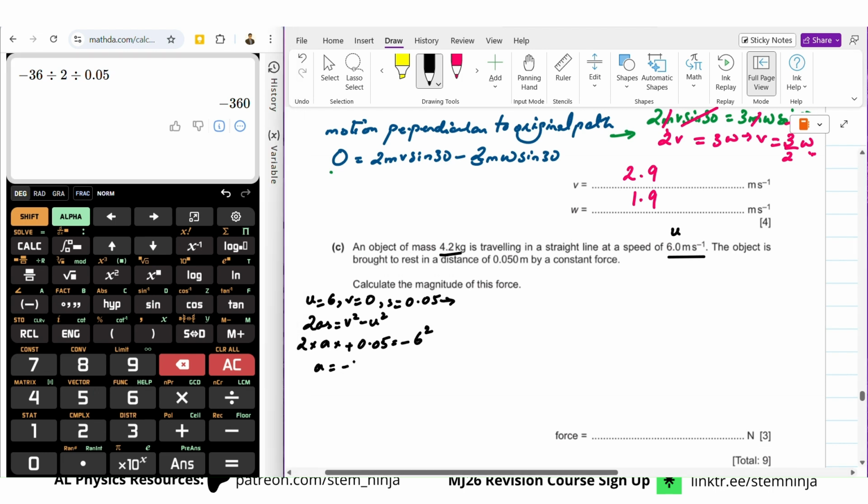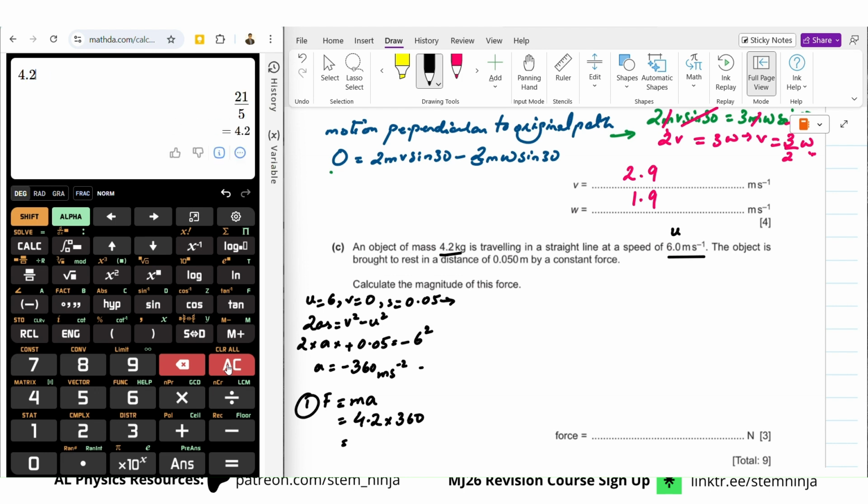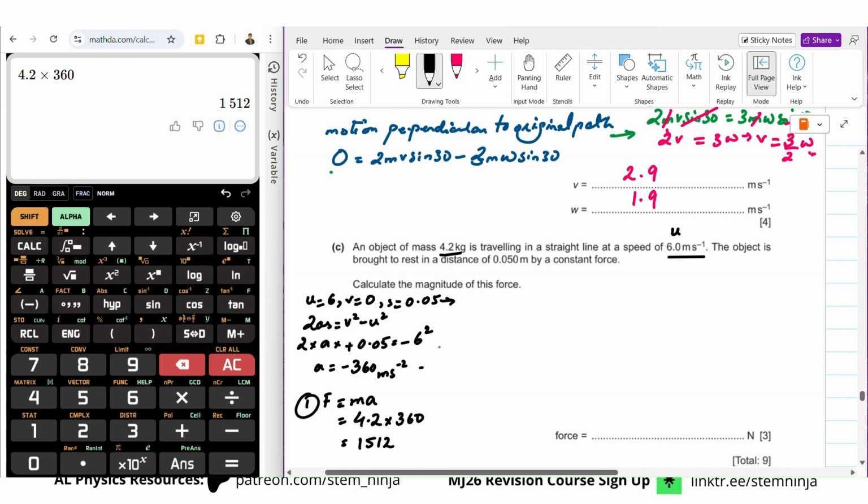So this is minus 360 meters per second squared. Now, if we have this, we can find out force by just doing mass times a. Even if it is decelerating, we don't care. We just need to find the magnitude of this force. So mass is 4.2 times 360. This is 1512.